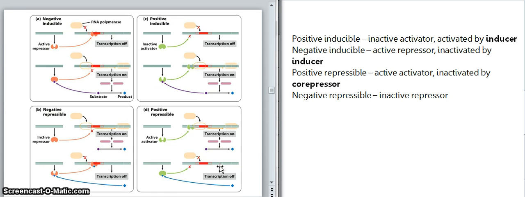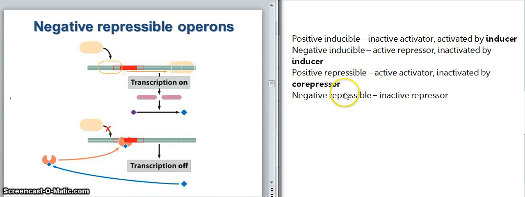So here in our last one that we have, the negative repressible operon, we have our repressor. Normally we have transcription on, our repressor is off, and our co-regulator in this case is still a co-repressor, which assists the repressor in binding to the operator.